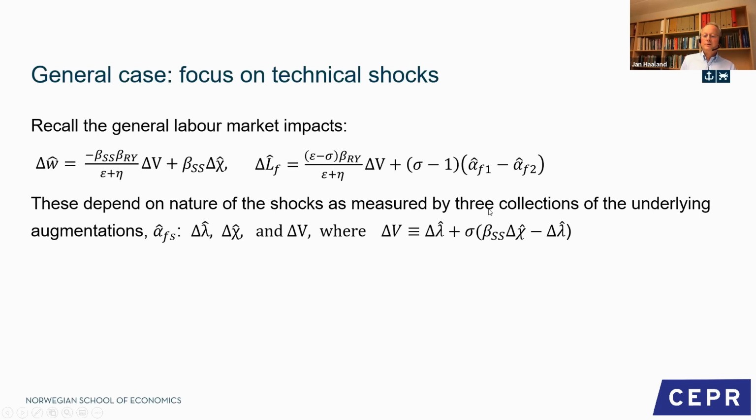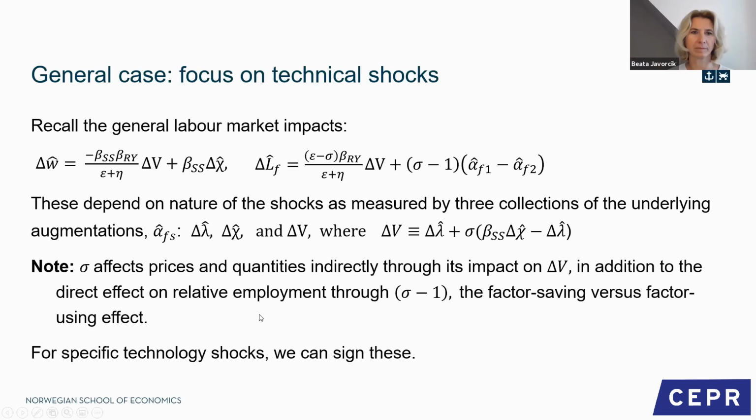And these are linked to the shock by these three variables that I mentioned: the factor bias effect of augmentation, the sector bias, and this factor endowment representation. Sigma enters various places, both through the substitution for the delta V and directly for the employment effects. We use these equations to look at special cases. So let me show you two cases in the 3 minutes I have left.